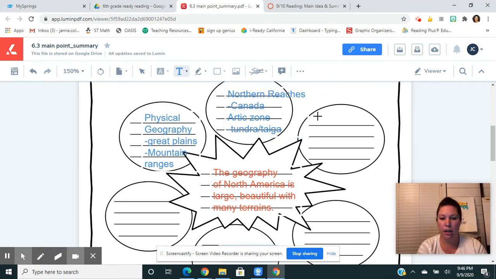All right, another subtitle was the Great Lakes. And what we knew about the Great Lakes is they were made from glaciers from the Ice Age.